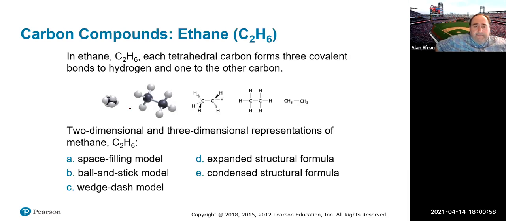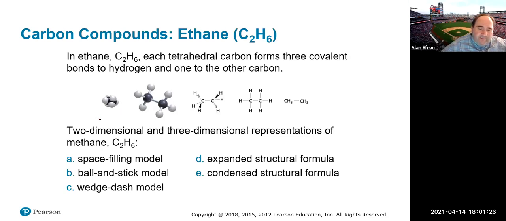Other questions? Okay, so this is ethane, which is actually the second organic molecule that you could have. It's 2 carbons and 6 hydrogens. It is also an alkane. So methane's an alkane, ethane's an alkane. And these are also the different ways that we represent the formulas.